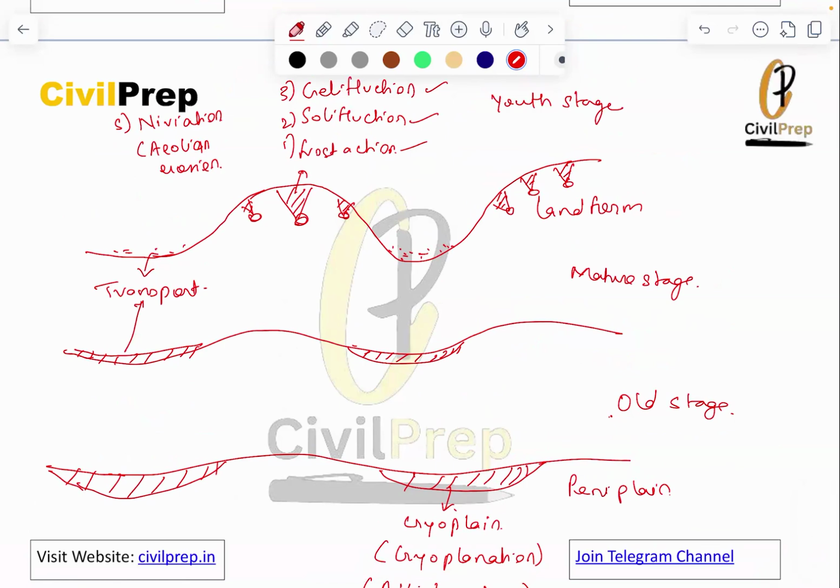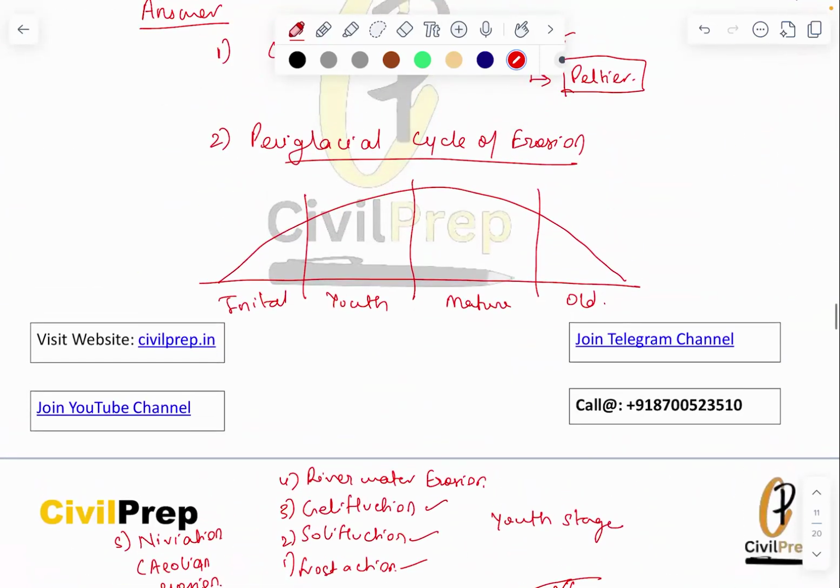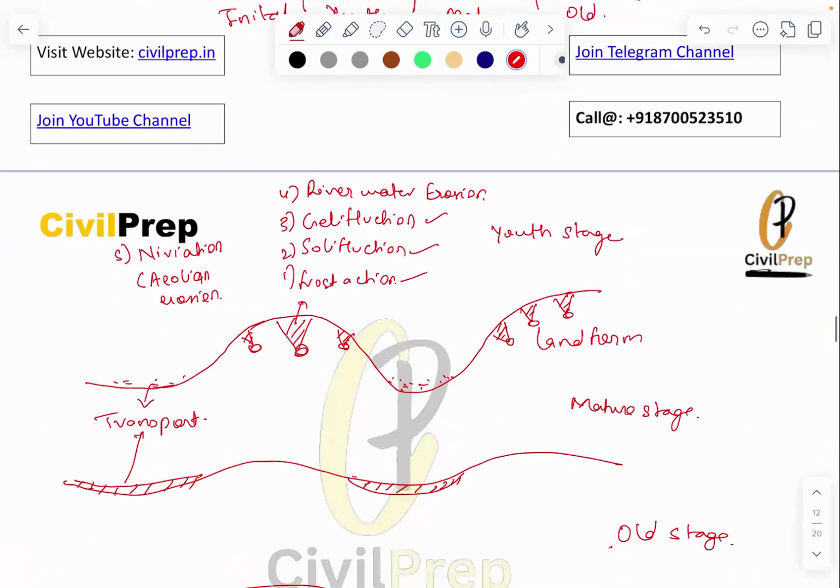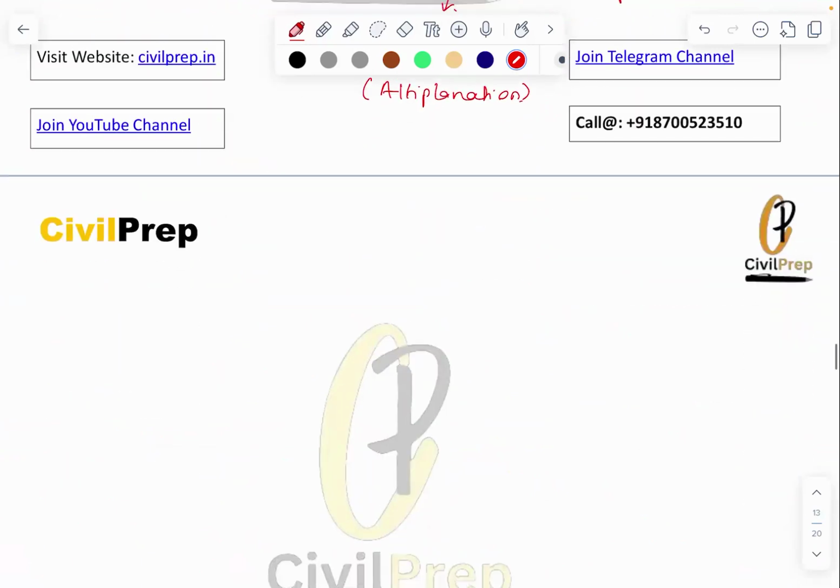So this is defining the periglacial cycle of erosion, which is given by Peltier. Then here we can say that it is applied. Case studies we can take up here. Number one, Siberia region, which is in Russia. Number two, Alaska region, which is in USA.